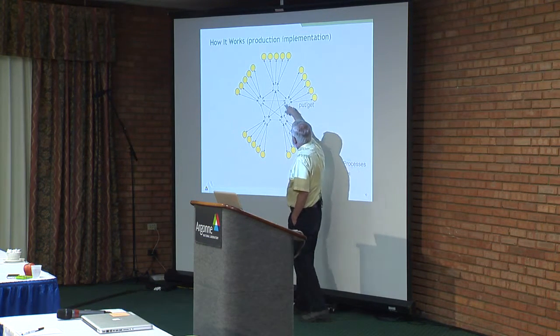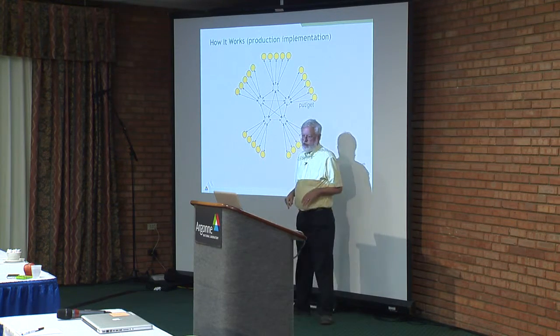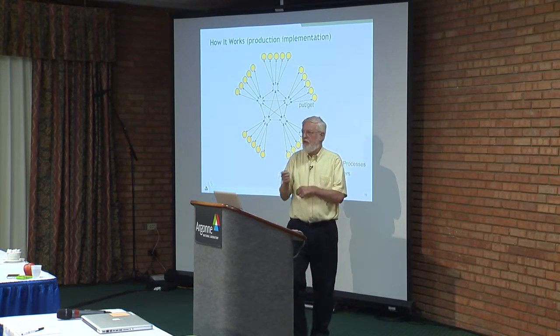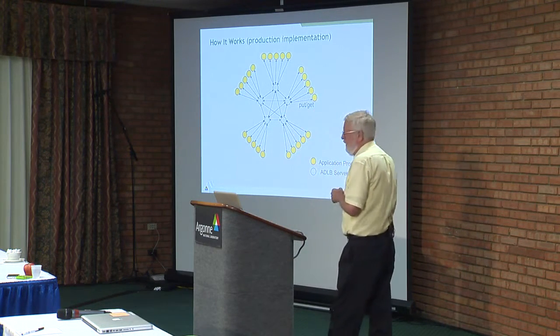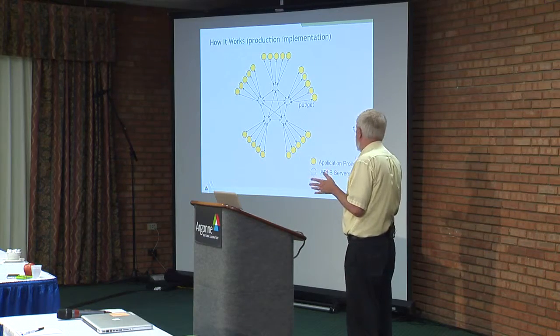The work queue is distributed around in these servers, and they keep each other informed of what part of the data they have. The complexity is trying to keep this synchronized, especially when there may be thousands of servers, not just 5, keeping this virtually shared work queue up to date.